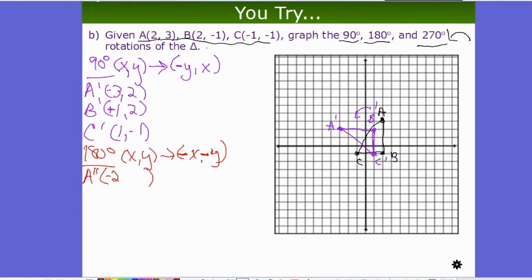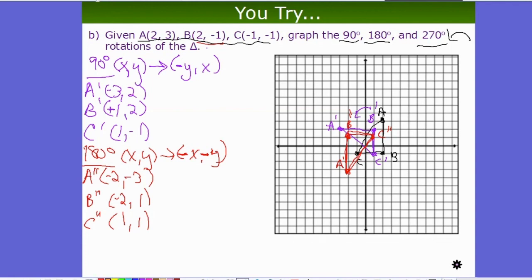Everything stays the same except for opposite signs. B is (2, negative 1). Just change the signs. And C prime (1, 1). And let's graph that. This should look like the black figure upside down. That's this. You have to be real good at seeing things here. So this black ABC, if you turn it upside down, you get that red figure.